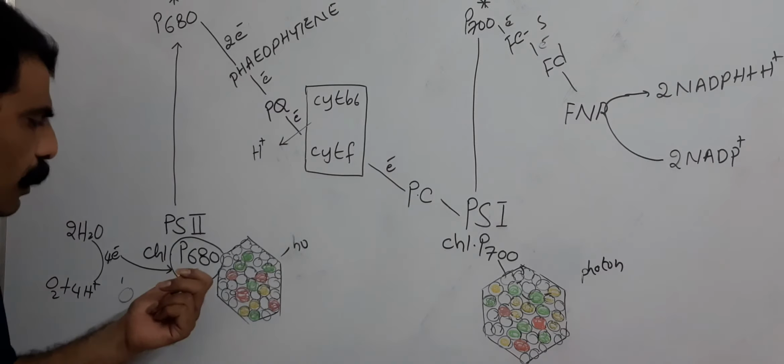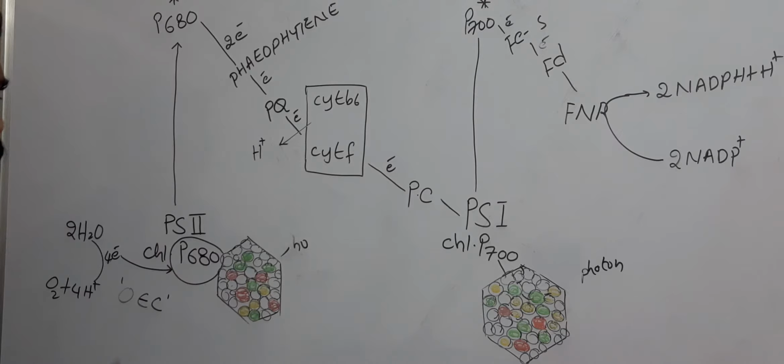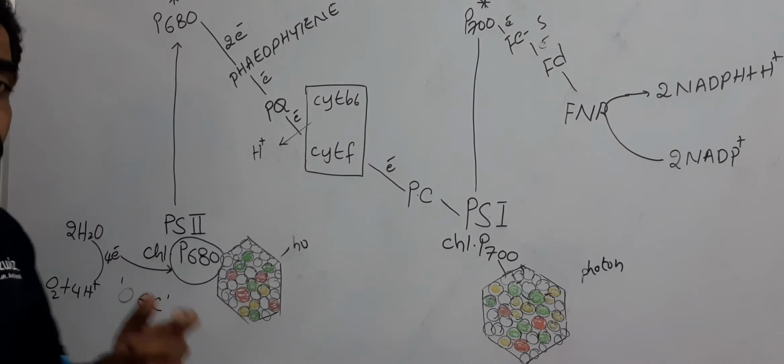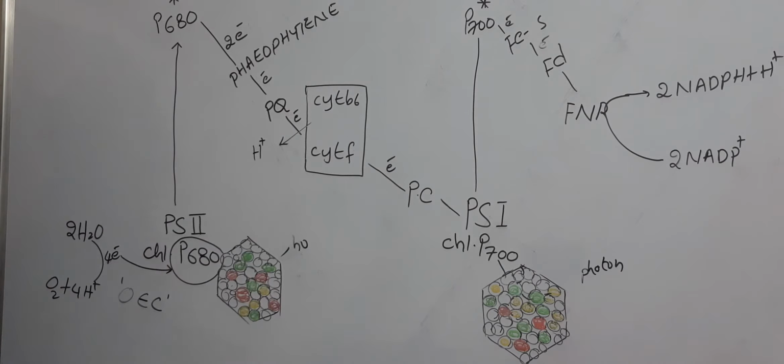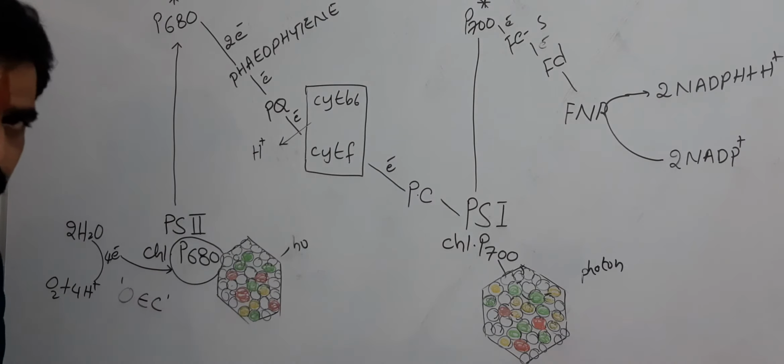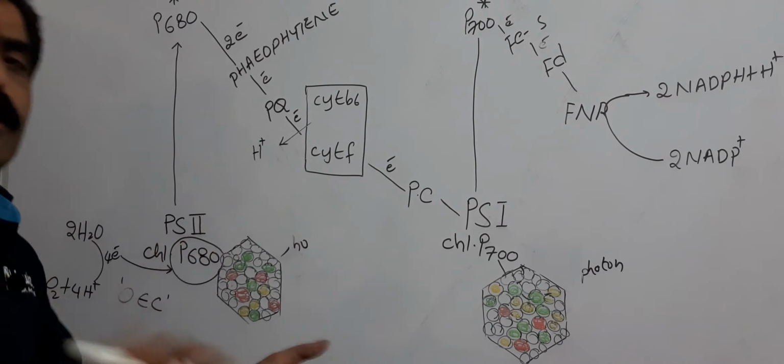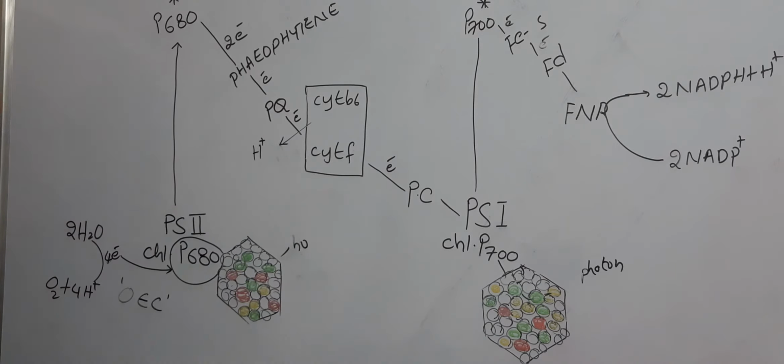Now this lacuna is filled by the photolysis. Photolysis not only results in electrons but also results in protons. Electrons are transferred to P680, and protons get accumulated there itself in the lumen of the thylakoid.